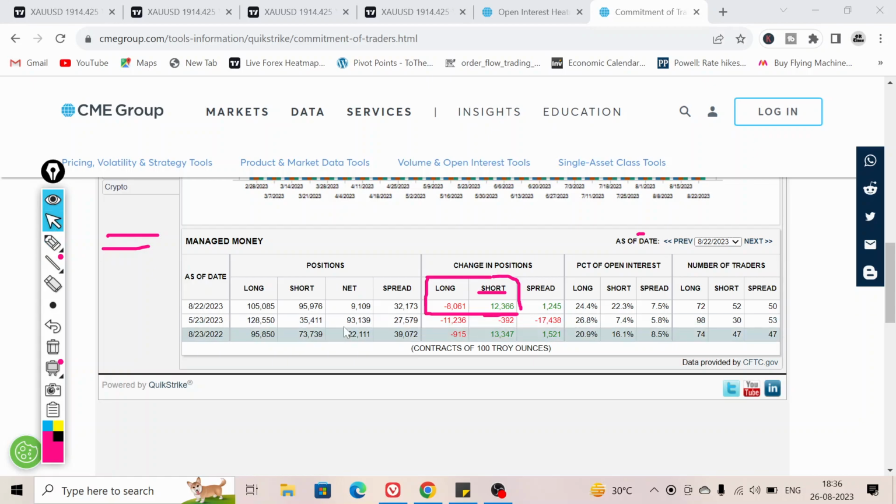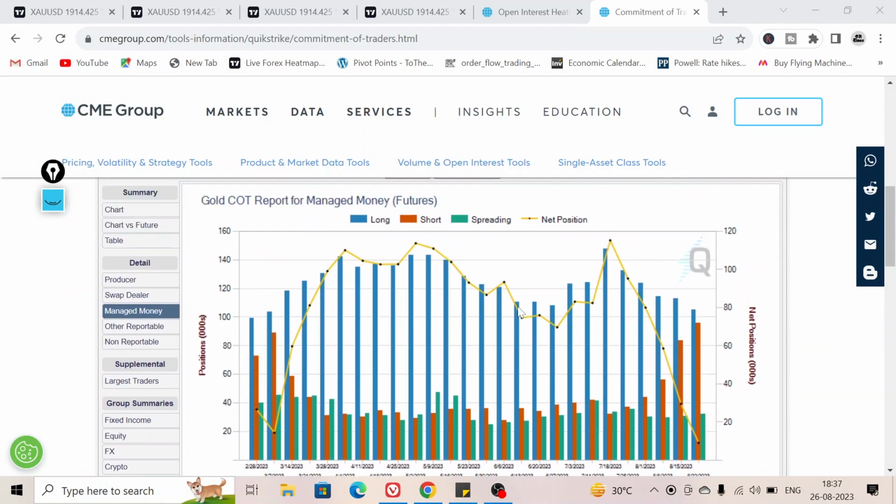But one thing that you need to look at is, as you can see, this is the 6-month period chart, and if we look at the previous range, this is the lowest level in the net long positions, and it is currently near this level.